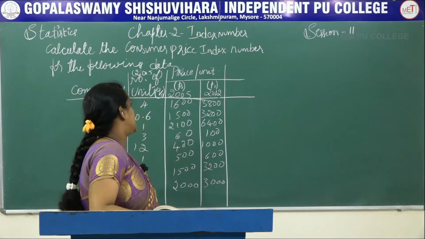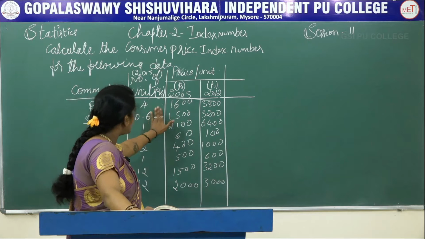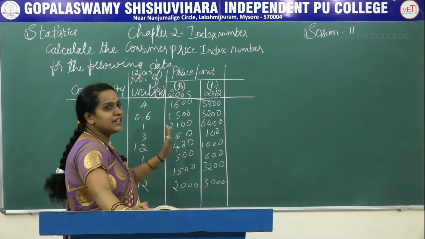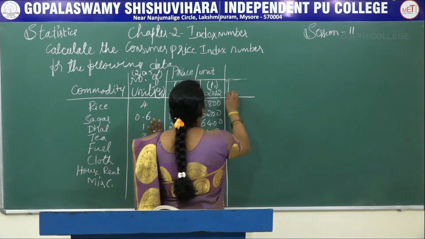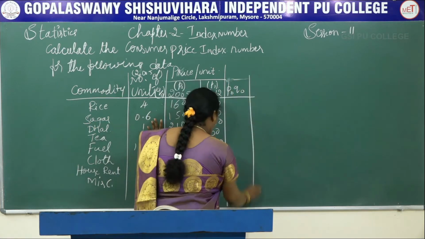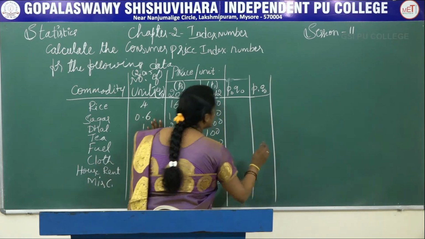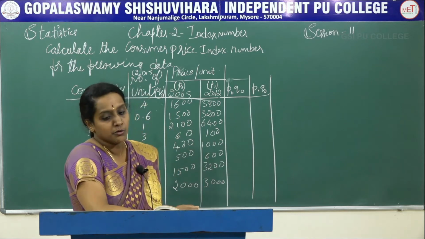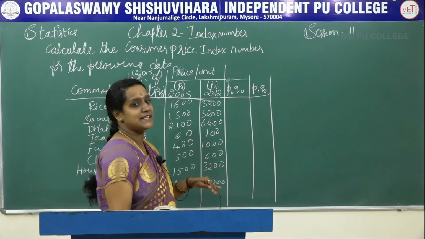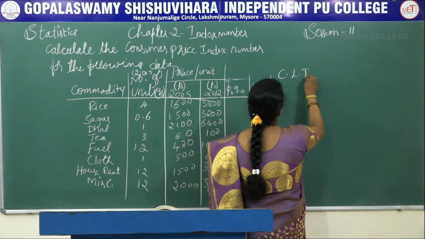As we know, here we have only P naught, Q naught and P1. If we take the product or a combination of these, it will be P naught Q naught and P1 Q naught. So we have to find the products of P naught Q naught and P1 Q naught, and our consumer price index number, that is the cost of living index number.